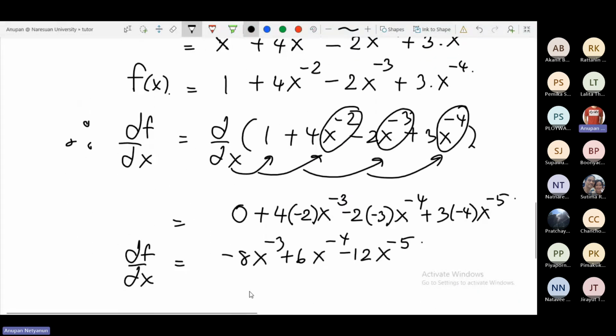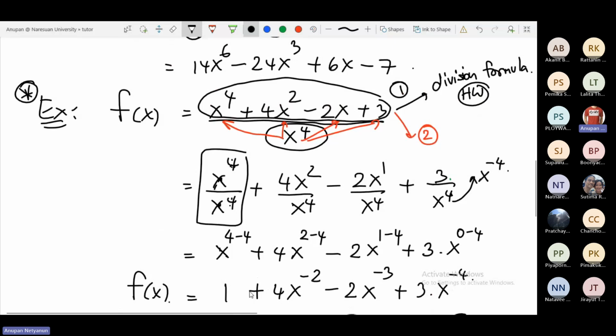From this example, you can see that if you can change things into the form of a power of x, you can use the formula for the derivative of a power of x, and it's easier than using the division formula, right? So if you can change things into a power of x, that would be great.